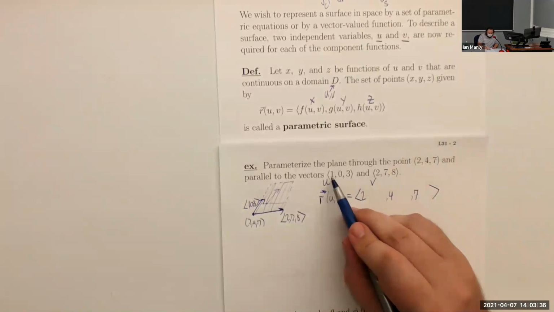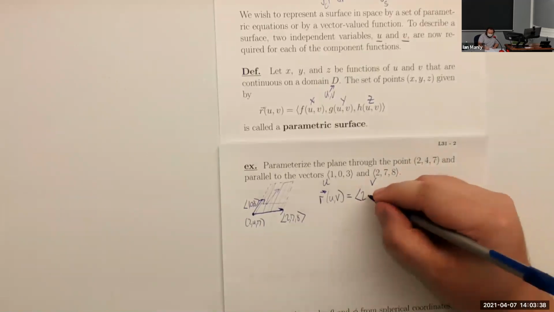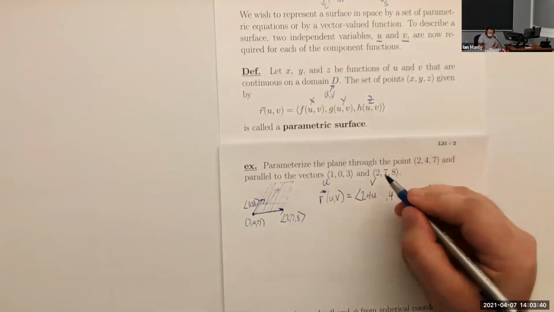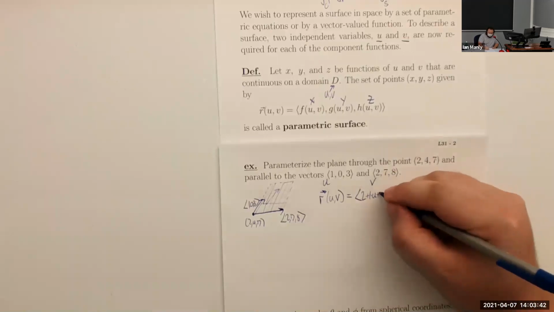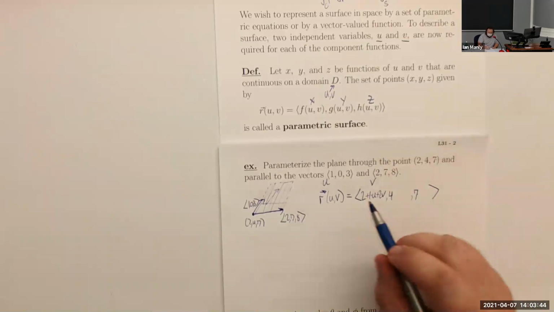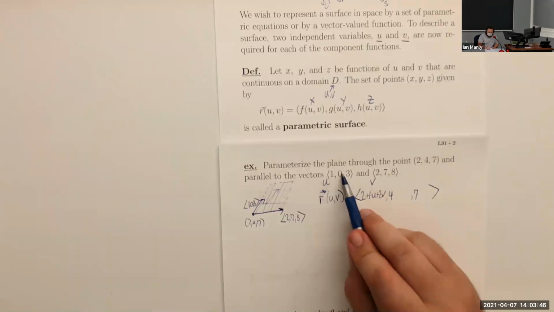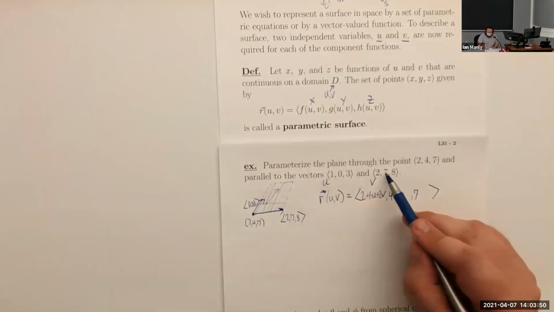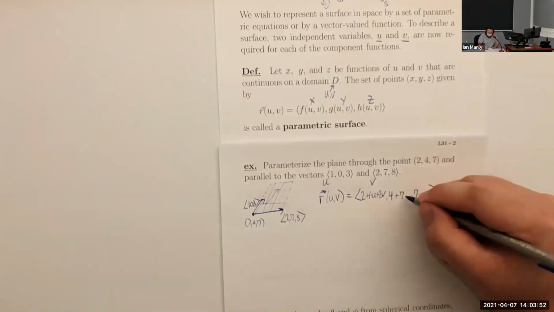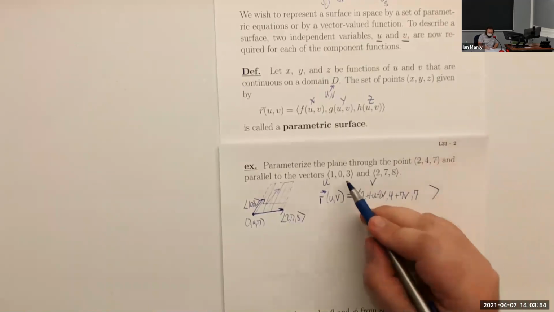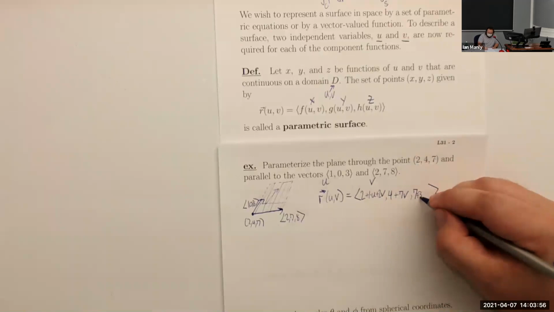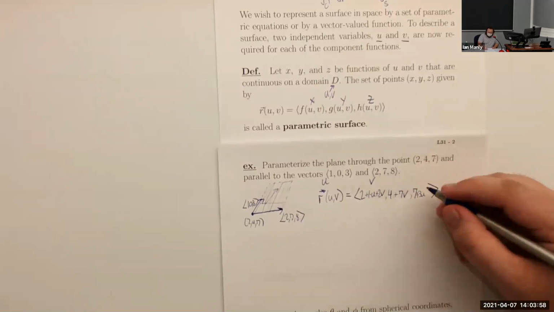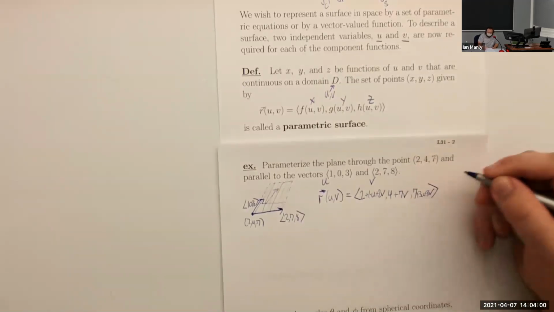All right, so we have u times this, the x component. And then we have v times the x component here, so 2v. Here we don't have a u component, so it's going to be 0 times u, so this doesn't really influence the y direction, whereas this will be 7v. And then finally, we have 3u for our z, and then we have 8v right here.